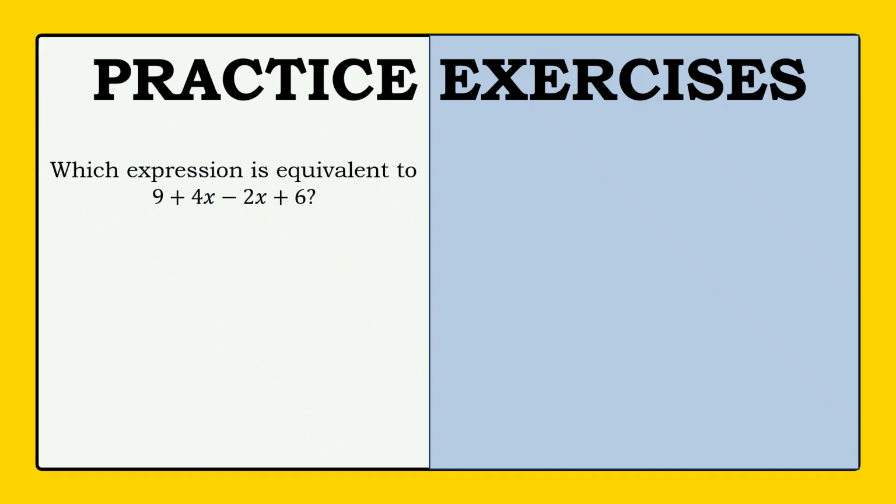Which expression is equivalent to 9 plus 4x minus 2x plus 6? A: 15 plus 6x, B: 15 plus 2x, C: 9 plus 6x, or D: 17 plus 2x? What do you think the answer? Alright, let's find out.